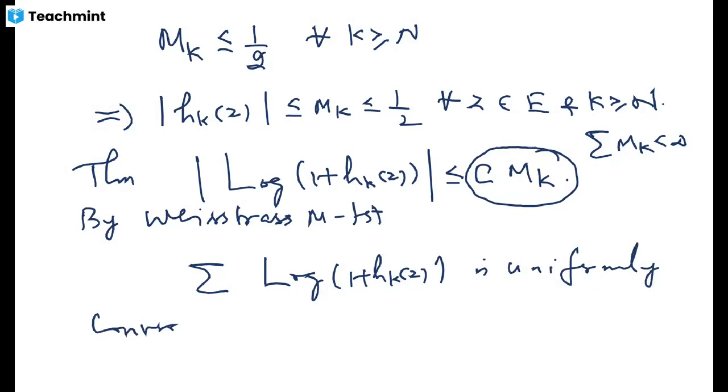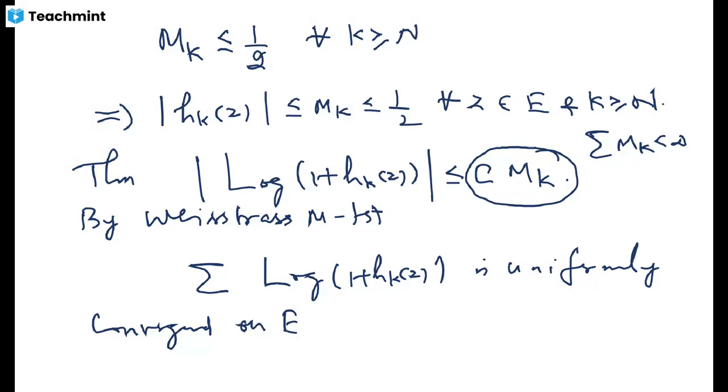This is something that we get from the Weierstrass M test, if you remember it properly. So we see that this series is uniformly convergent on E.